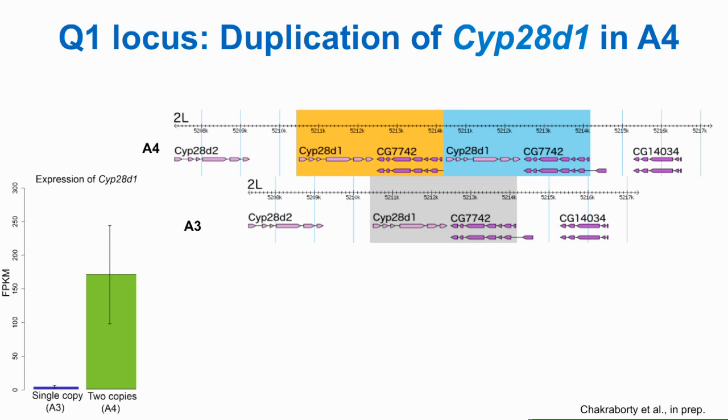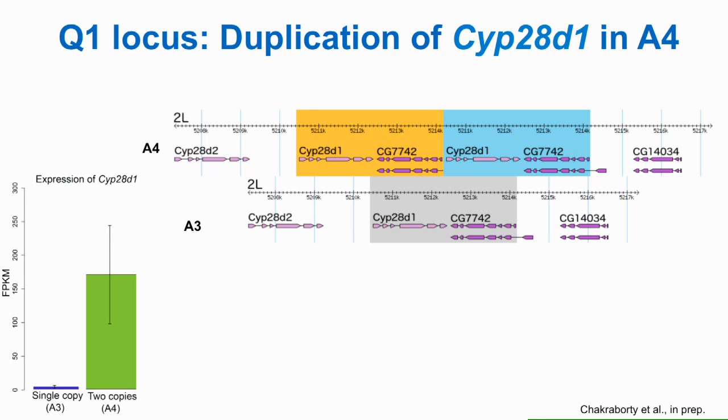But it's possible that the duplication has removed a repressor binding site or some other negative regulatory site. So that's for Q1. Now, what do we expect for Q4? Of course, there is no duplication. It can't happen again. We have shown, for one, that there is this case.